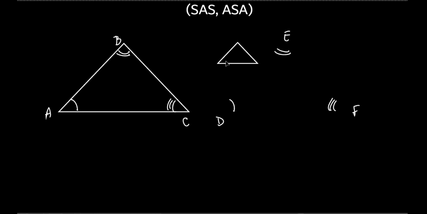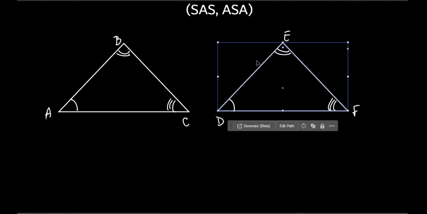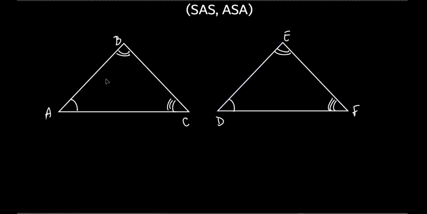This angle is still going to be equal angle A. Even though we made it smaller, the measure of the angle is still going to be the same. It still comes out at the same exact angle. Same thing with that, same thing with that. So just because the angles are all equal to each other, does that mean they're congruent? No. All right? But we also have to know what else.